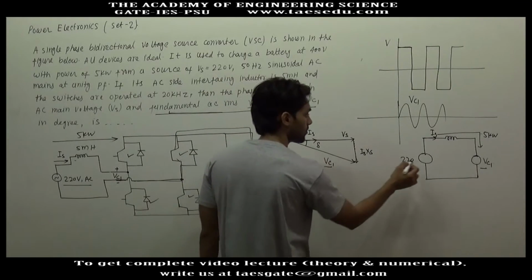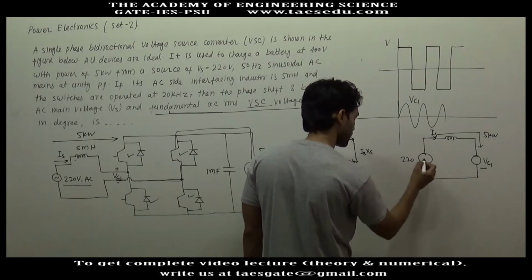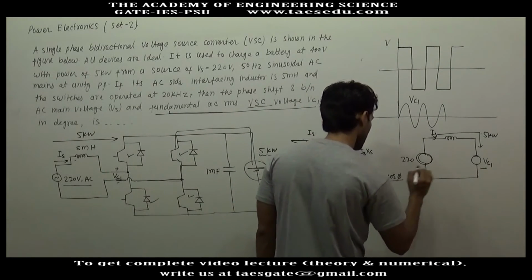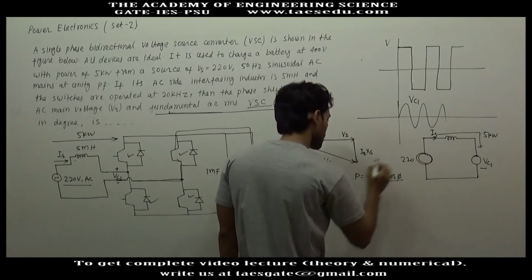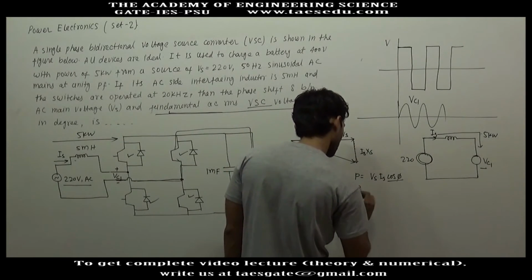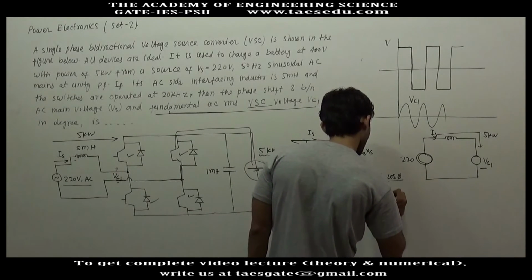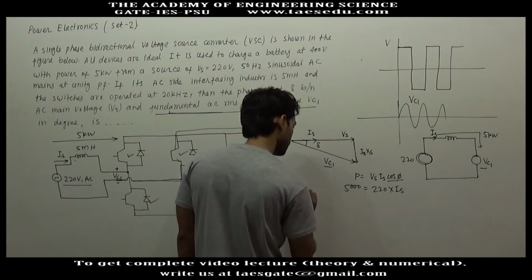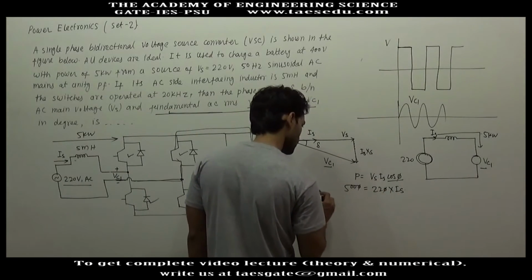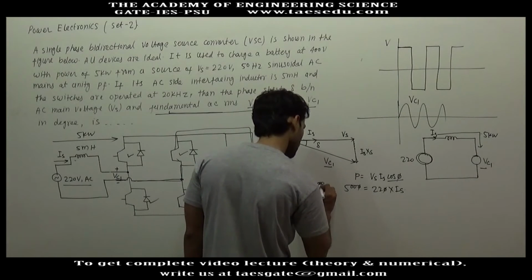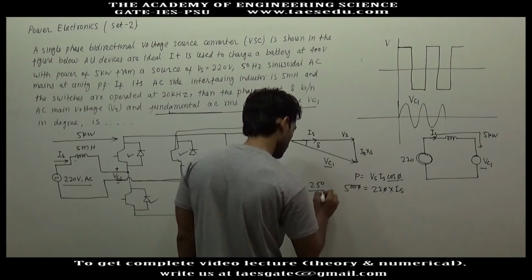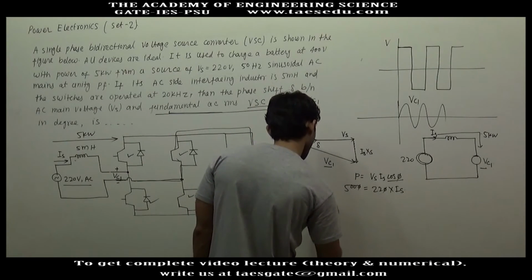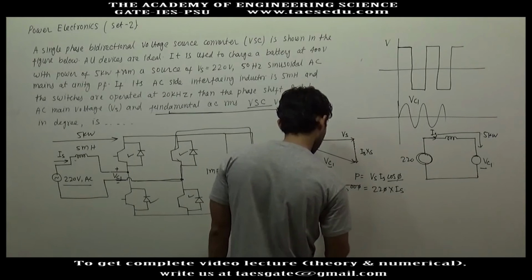So the real power given by this source is Vs Is cos phi, and cos phi is 1, and total power given is 5 kilowatt. So 5000 watt is equal to 220 volt into Is. So the source current will be 250 divided by 11, which is 22.73 ampere.